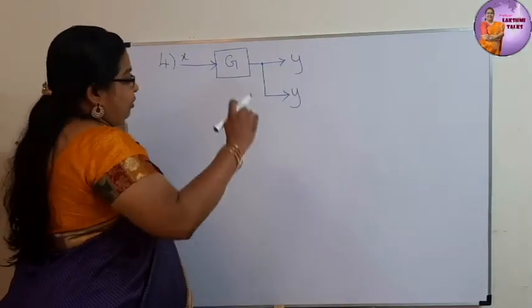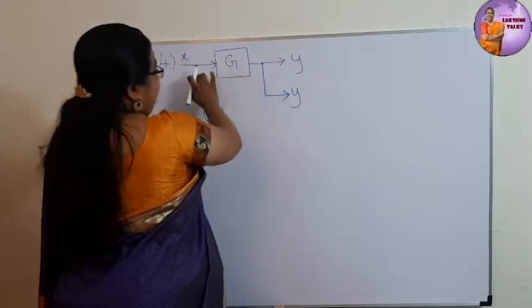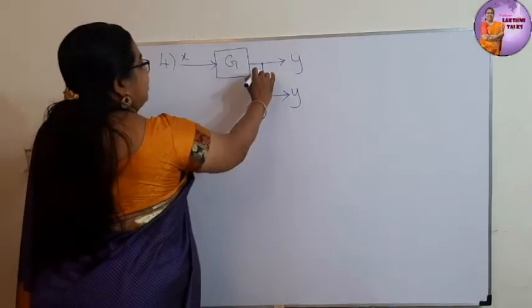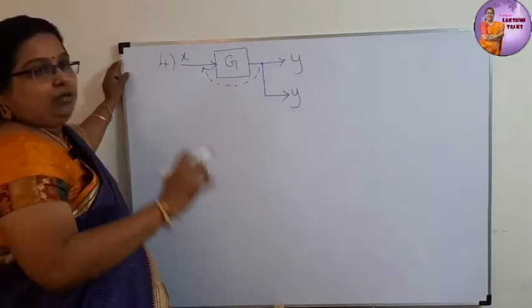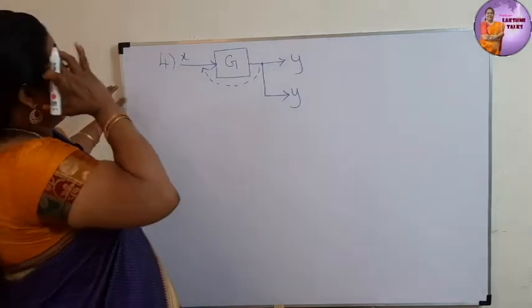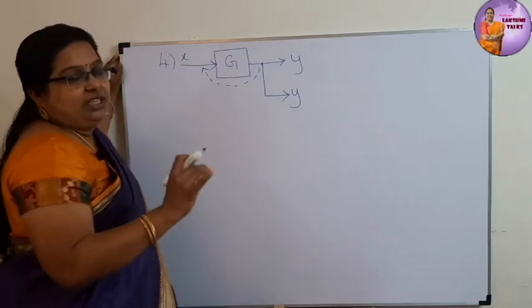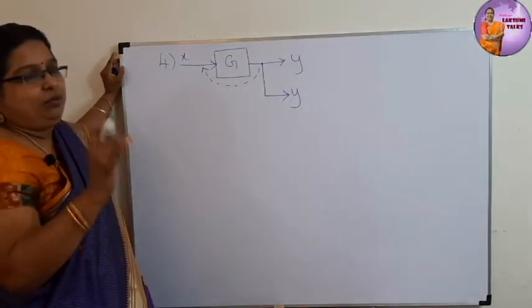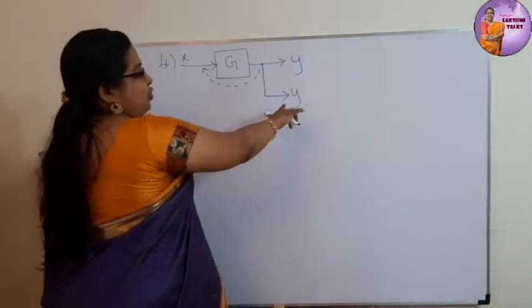Now, if we want to move this takeoff point before the block, what is the rule? Whenever you are shifting the points, the takeoff point or summing point, whatever it is, the net signals should not be affected.